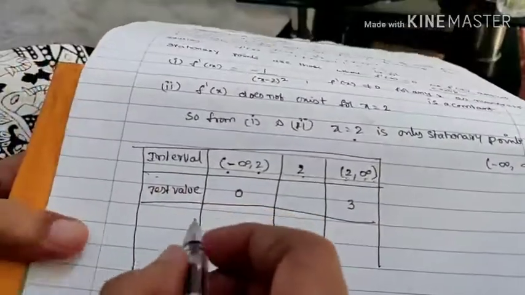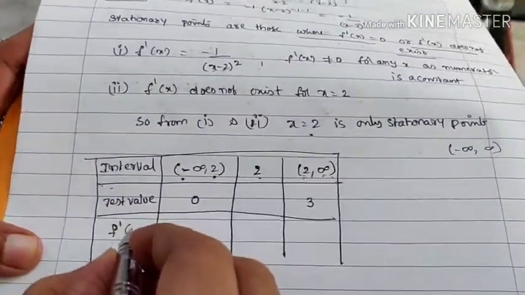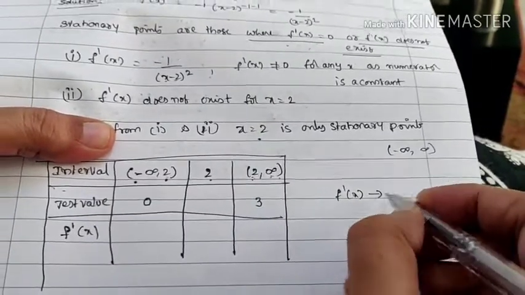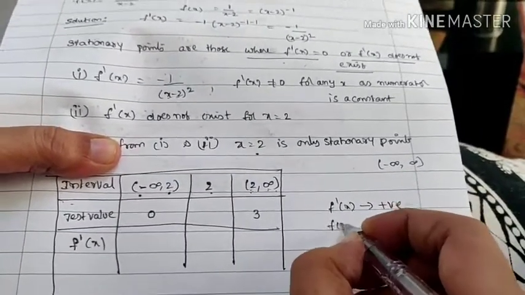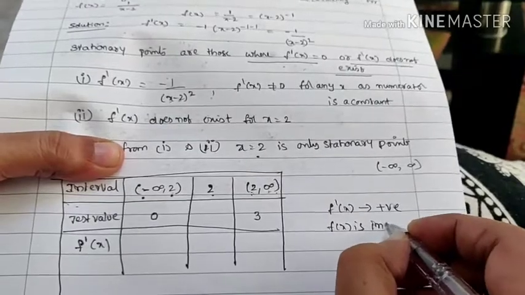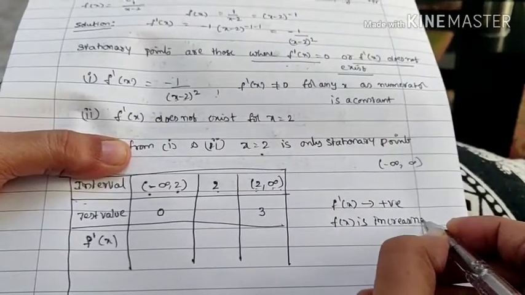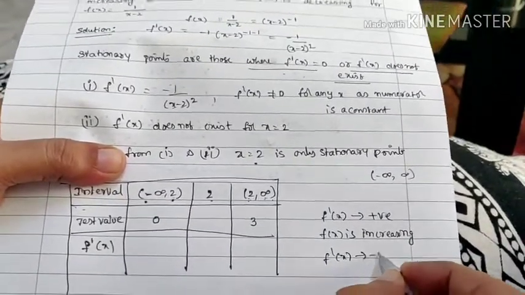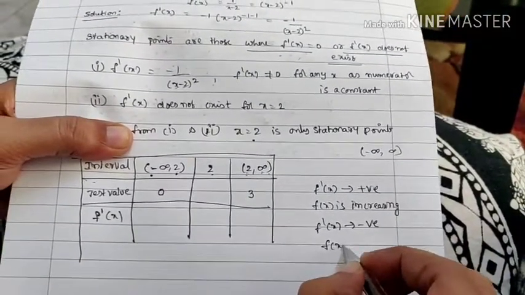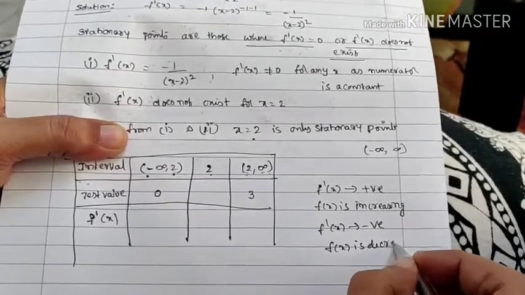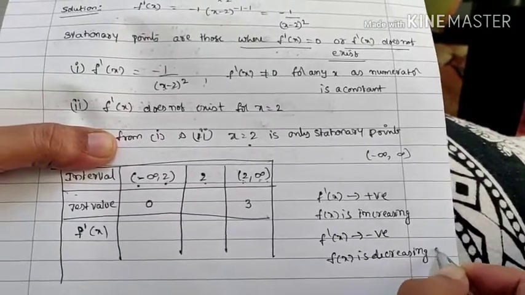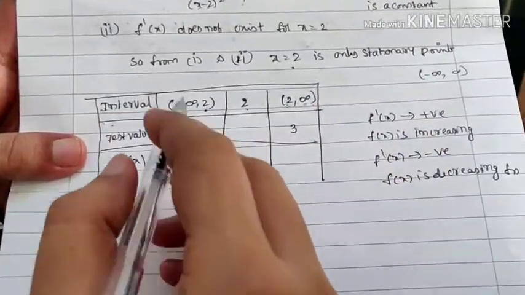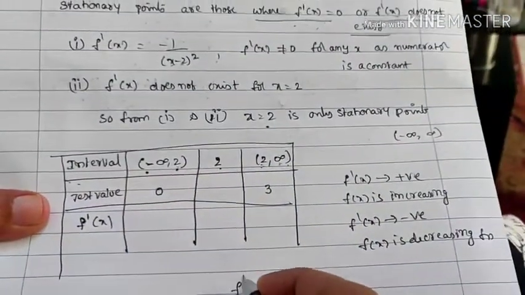In the table, all of you know that if f dash of x is positive, we say f of x is an increasing function in that interval. If f dash of x is negative, we say f of x is a decreasing function. So remember that.